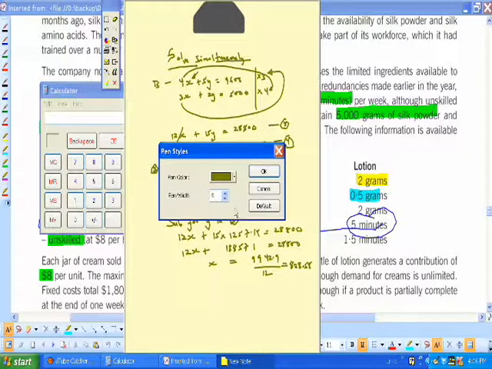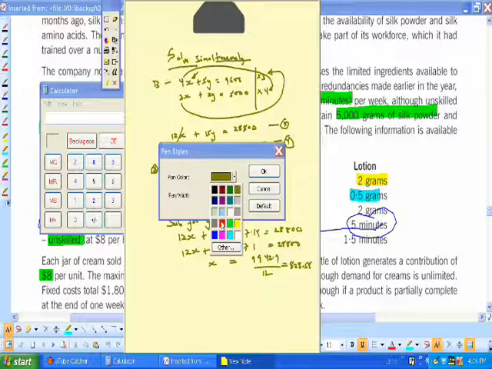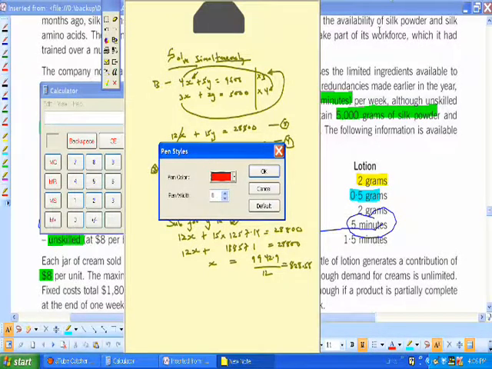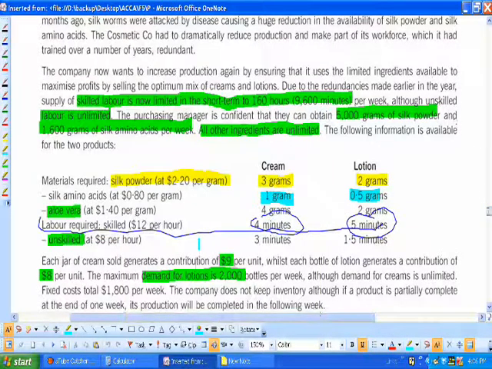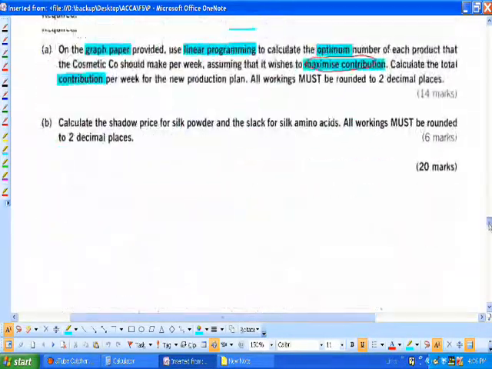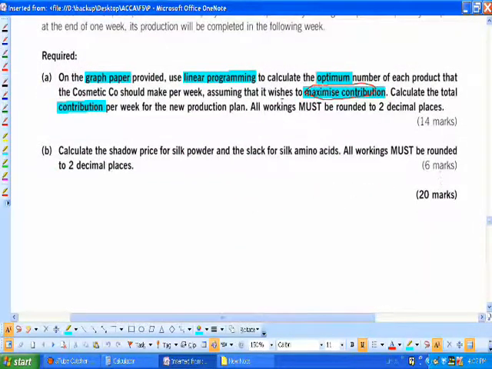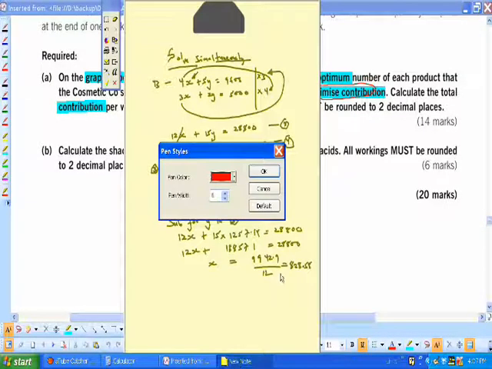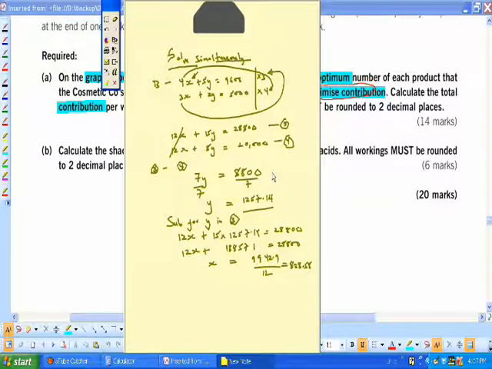So our optimum production plan is x is 828.58 and y is 1257.14. But we haven't yet completed the question. If we quickly go back to the requirement, it tells us to calculate the total contribution per week for the new production plan. So the total contribution C is equal to 9x plus 8y.